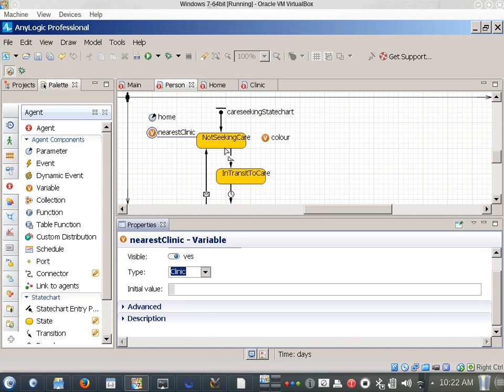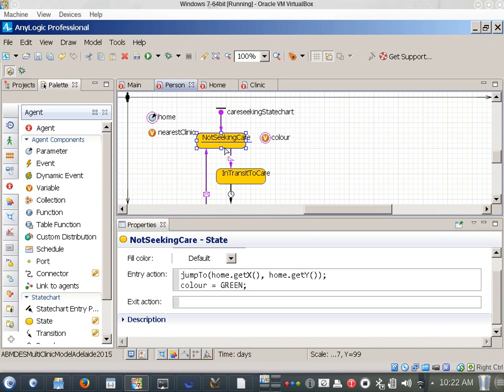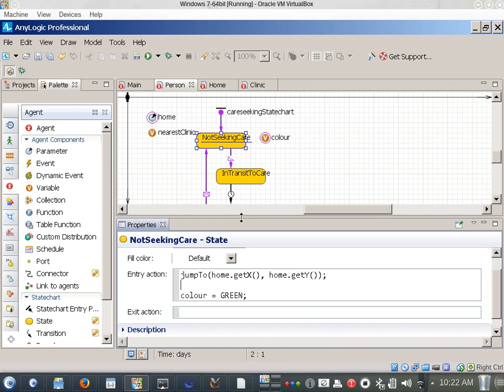And I'd like you to do this. So where's the variable value going to come from? In this not seeking care, I'd like you to say nearest clinic equals, and we're going to find the nearest clinic.